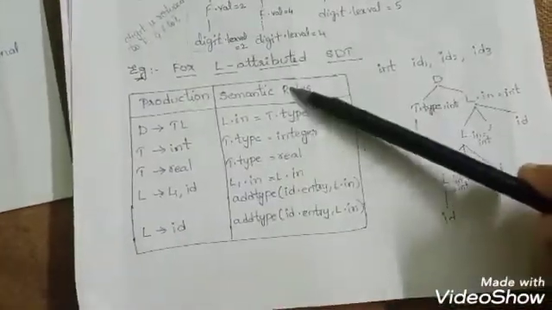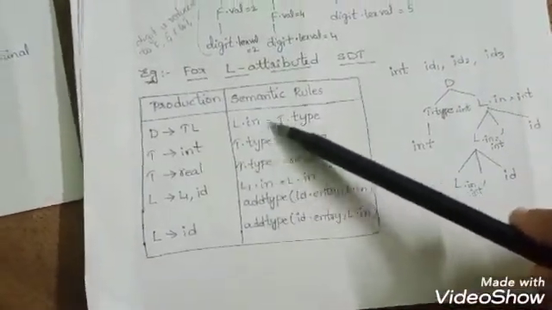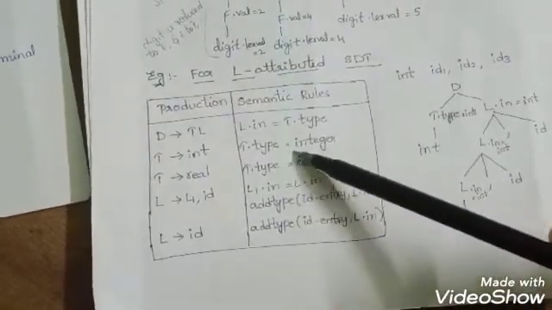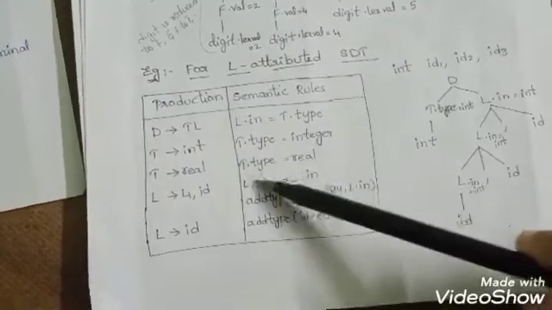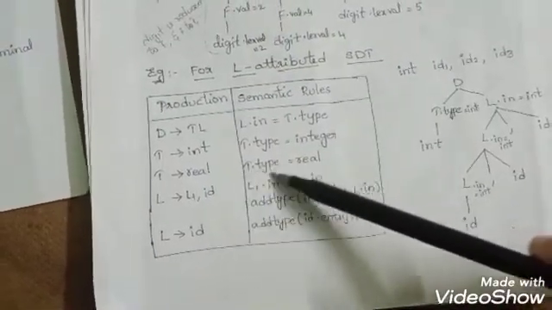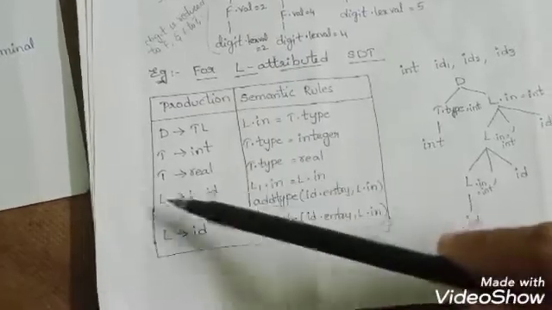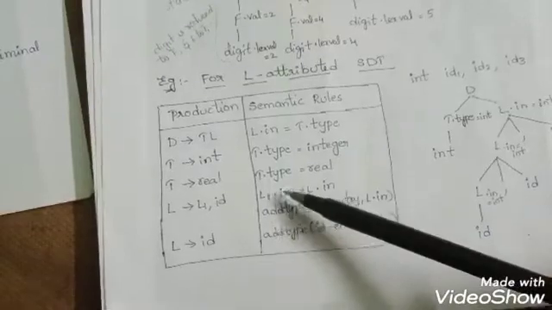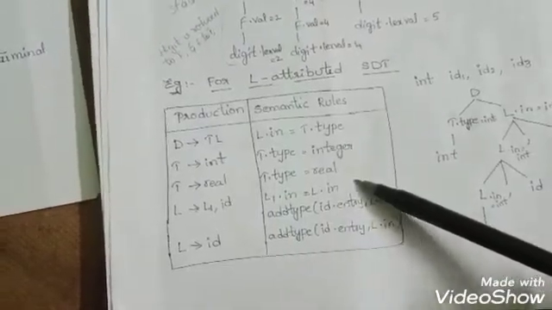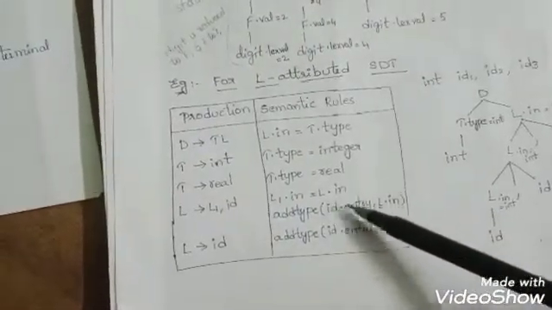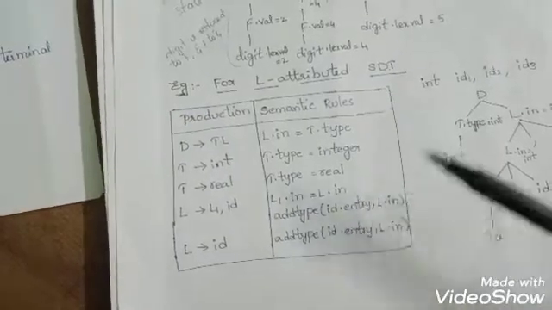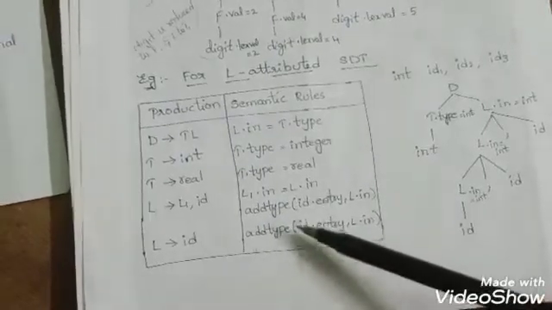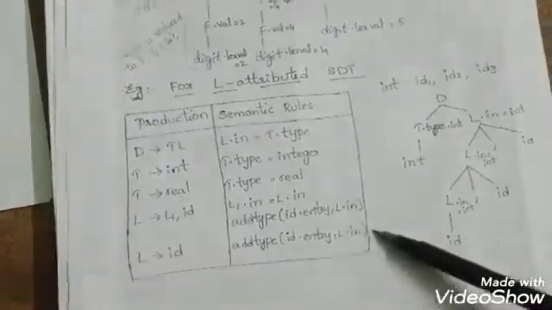The semantic rules are L.in = T.type, T.type = integer, and for T tends to real, T.type = real. For L tends to L1 comma ID, the rule is L1.in = L.in, addtype(ID.entry, L.in). And for L tends to ID, the rule is addtype(ID.entry, L.in).